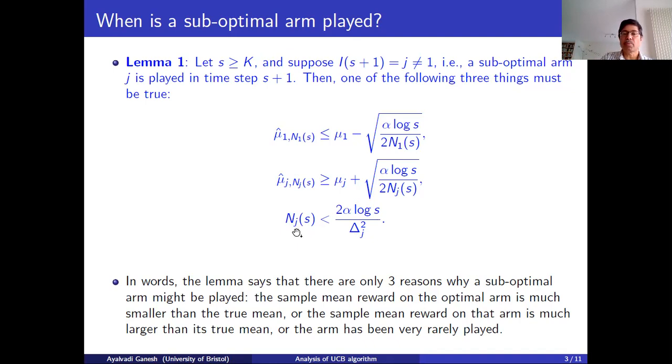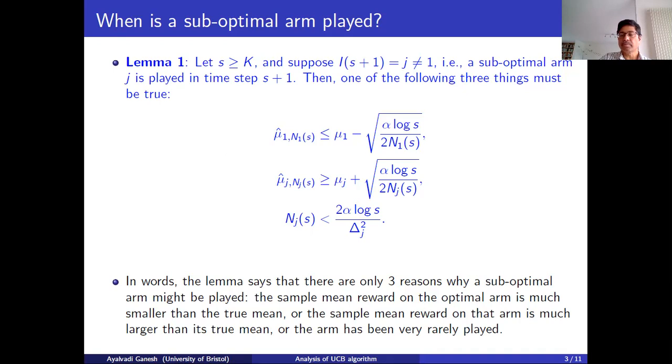So if N_j is small, square root of 1 over N_j is big. You've added a big optimistic correction to the index, and so you want to play arm j. Okay. So the lemma says that one of these three things should happen in order for arm j to be chosen at time step s+1.